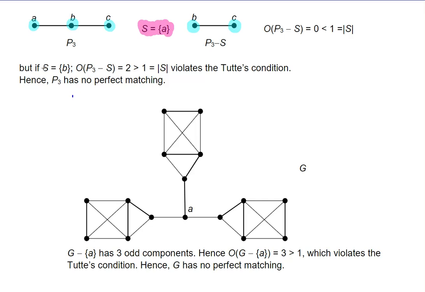Also, for S is B, if we have S as the set B, when we remove B, there is no B, so it's left only A and C. Where class, A and C are odd components. 1, 2.